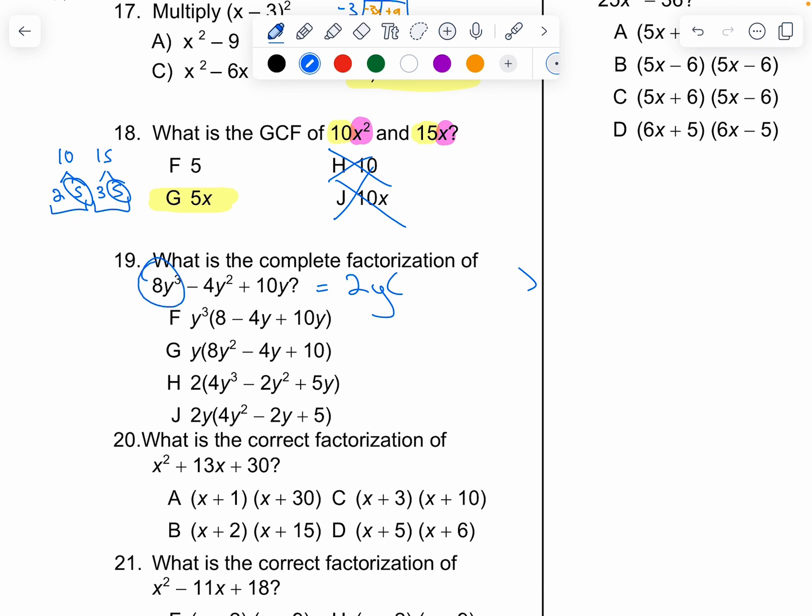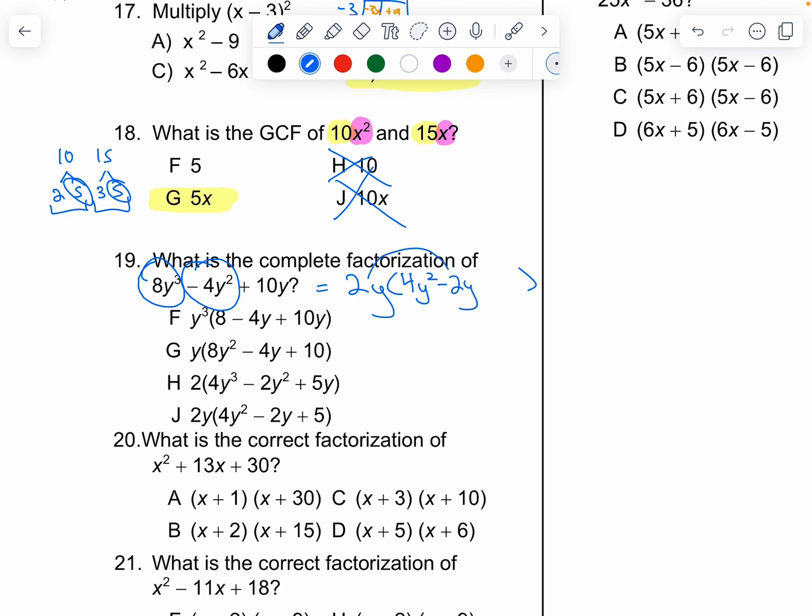So if I divide 2y out of 8y cubed, 8 divided by 2 is 4. Y cubed divided by y is y squared. It's like I took a y away, and now there's only 2 left. Okay, and then I go to the next one. If I divide 2y out of -4y squared, I get -2y.